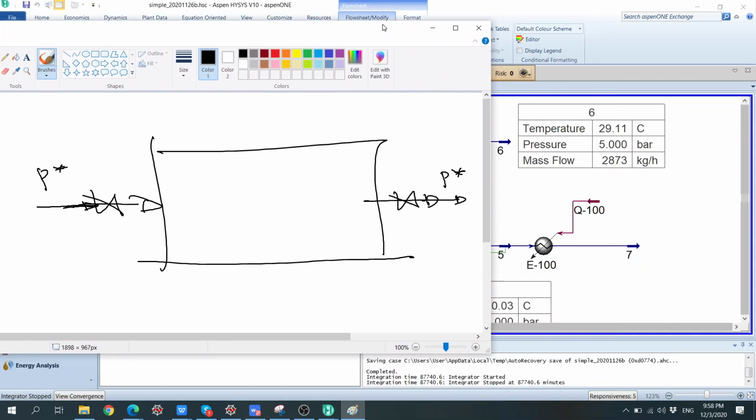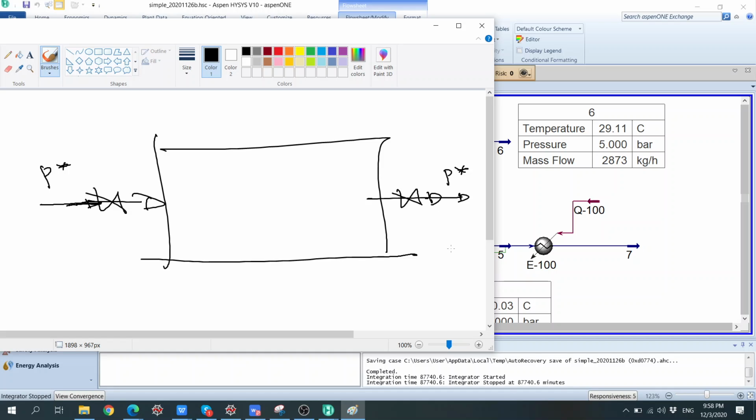In common process simulation software, we can replace this valve with a heat exchanger, as long as there is a flow restriction, because this basically has a flow restriction, where the flow is a function of delta p, the valve as well.